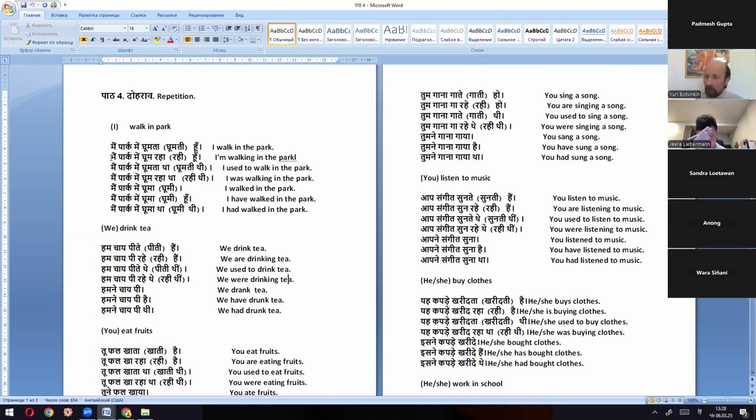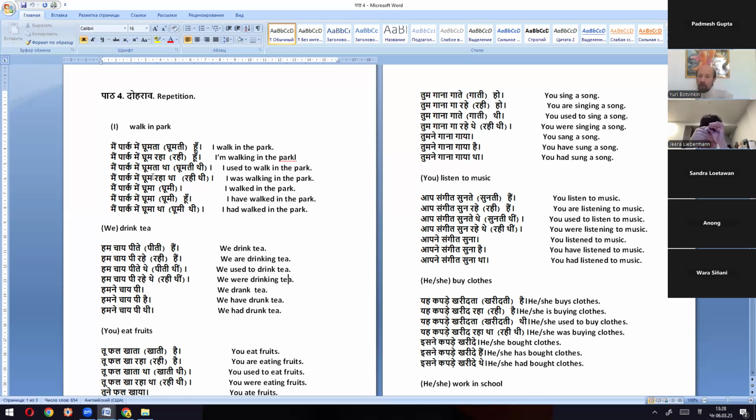What else we can say? We can say present continuous. मैं पार्क में घूम रहा हूँ or घूम रही हूँ. We can say in past simple, मैं पार्क में घूमता था. I used to walk in the park. Or घूमती थी. So these are more known to you, more familiar, these 4 tenses.